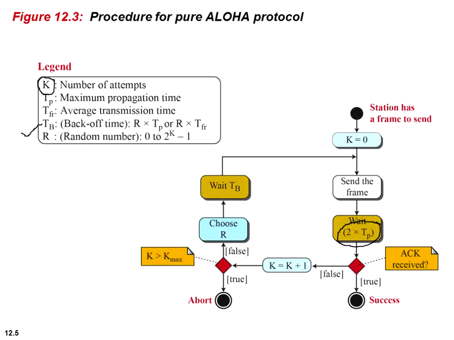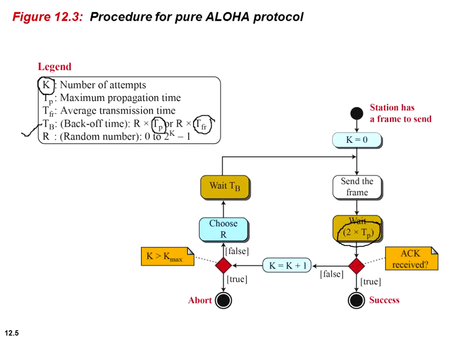In this method, for each retransmission, we have a multiplier that is randomly chosen and multiplied by TP, that is the maximum propagation time, or by TFR, that is the average time required to send out a frame.